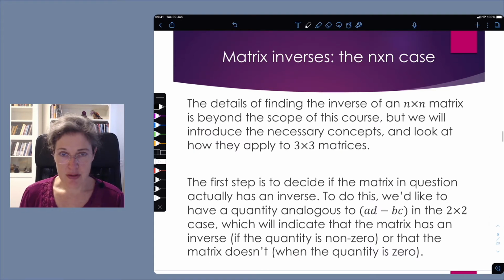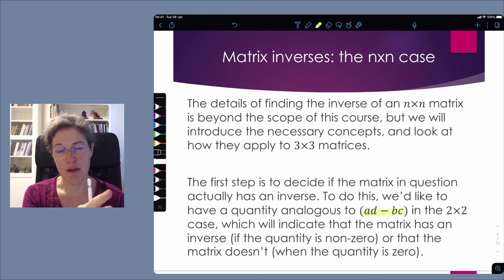So our first step, because we've seen that not all matrices have inverses, even if they're square, is to decide if they do. And we'd like to have something a little bit like this AD minus BC, which tells us in the 2 by 2 case whether or not it has an inverse. So we'd like to have some quantity like that that we can just calculate and go, okay, yes, I can find an inverse for this matrix.